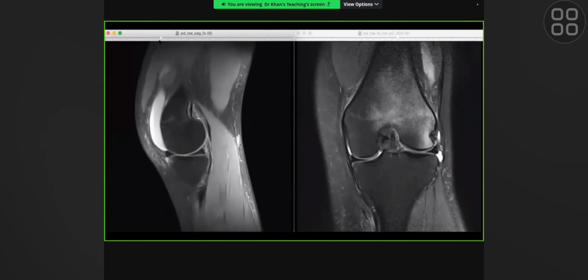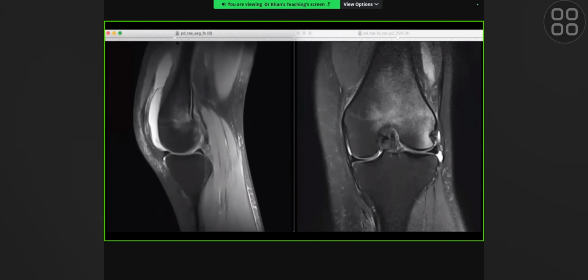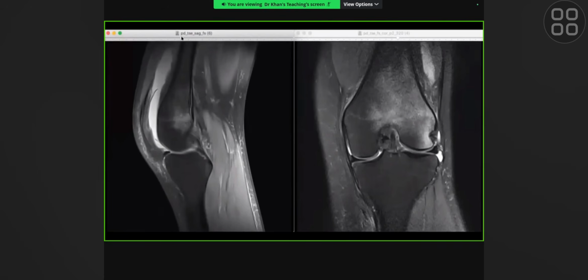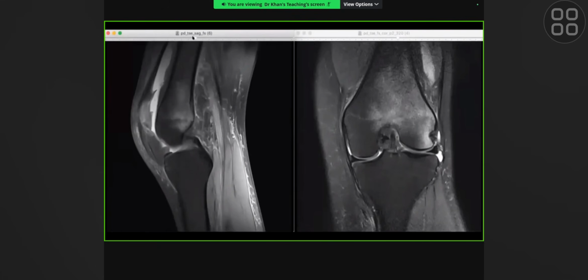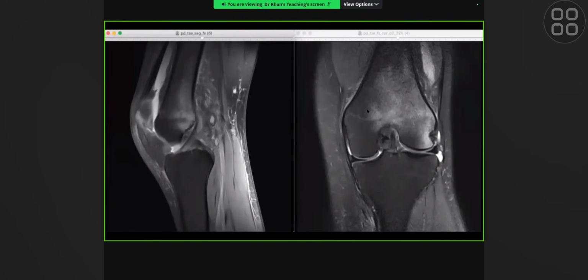Okay. So in essence, there is some marrow edema on the posterior aspect of the femoral condyle, and I believe there's an abnormality at the femoral attachment site of the PCL as well. So I'm just going to look at the coronal sequences now.